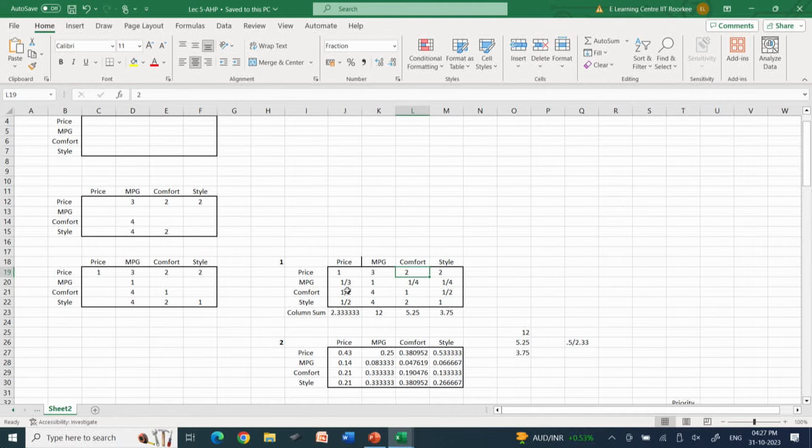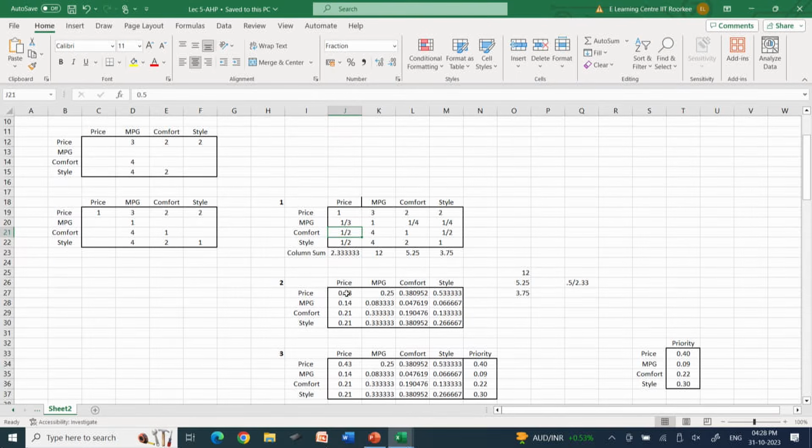If you compare comfort versus price, it should be 1 by 2. Just the inverse of the upper triangle has to be written here in the bottom triangle.